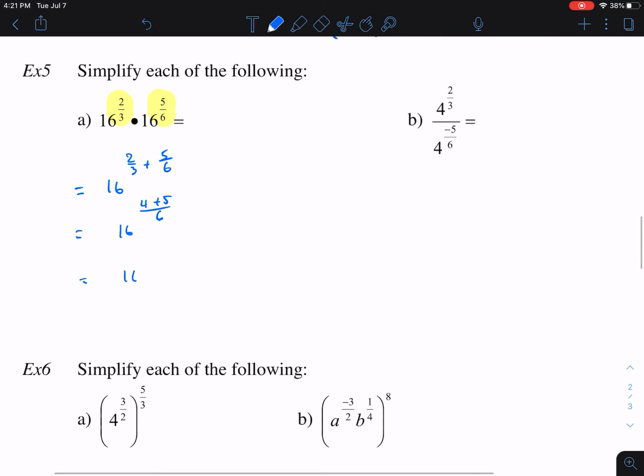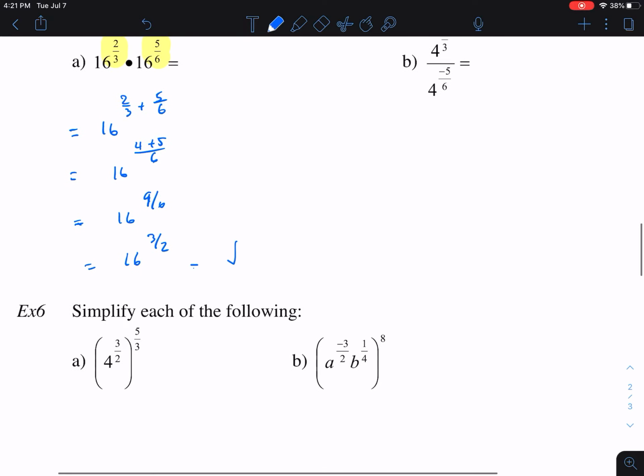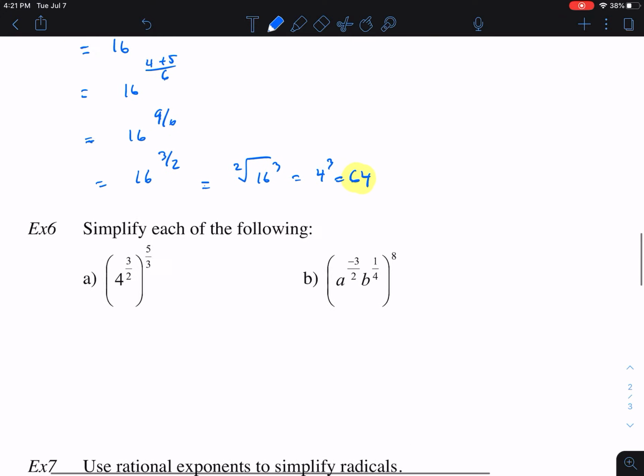So that's 16 to the 9/6, and then that becomes 16 to the 3/2. And that becomes the square root of 16 to the third. So that becomes 4 to the third, which is 64. Okay. And you can do the same thing here as well, but you want to subtract those. Or you can bring this up to the numerator. Either way is fine. I'll let you guys finish that one.